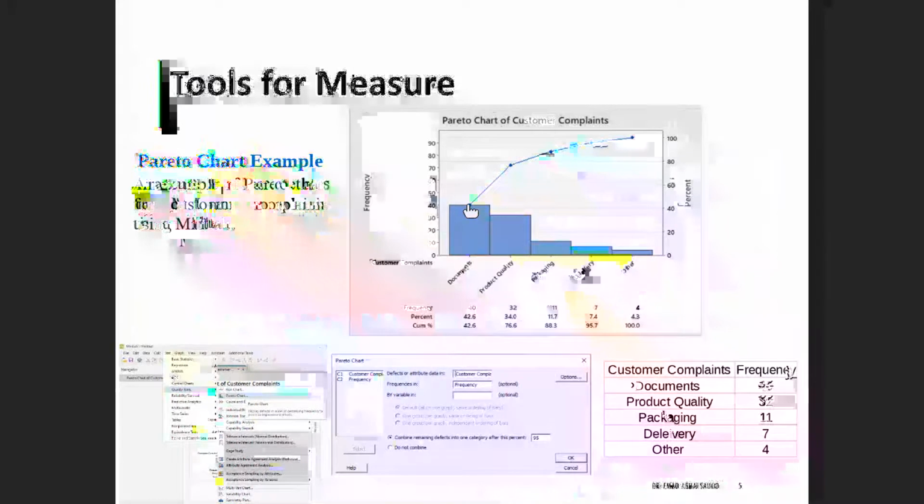Sometimes to achieve the 80% here, it comes from either one category or several categories. And then it comes to you, the decision and the management, as we said, the resources and the time you have, whether to focus on the documents and product quality to come to that level, or if you focus on the first one, you will resolve a good enough portion of the complaints, because here the documents in this case are causing a lot of complaints.